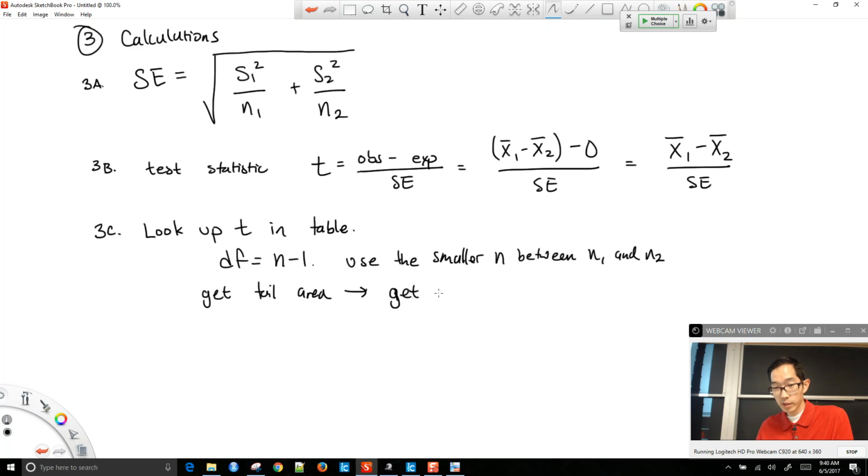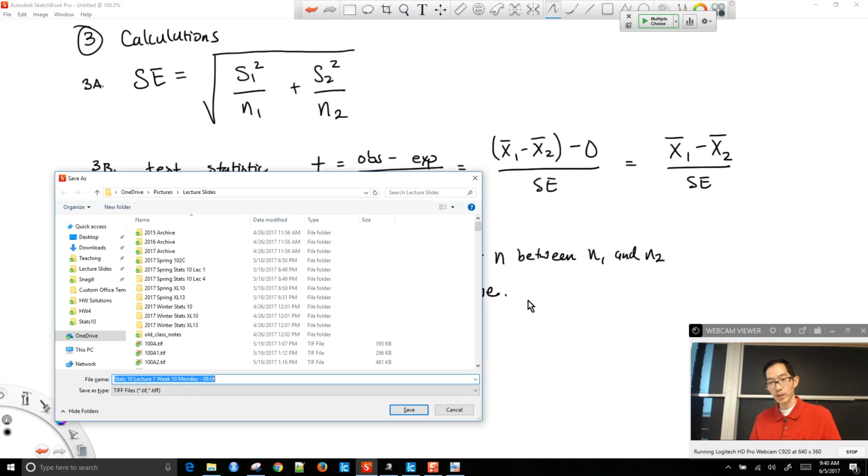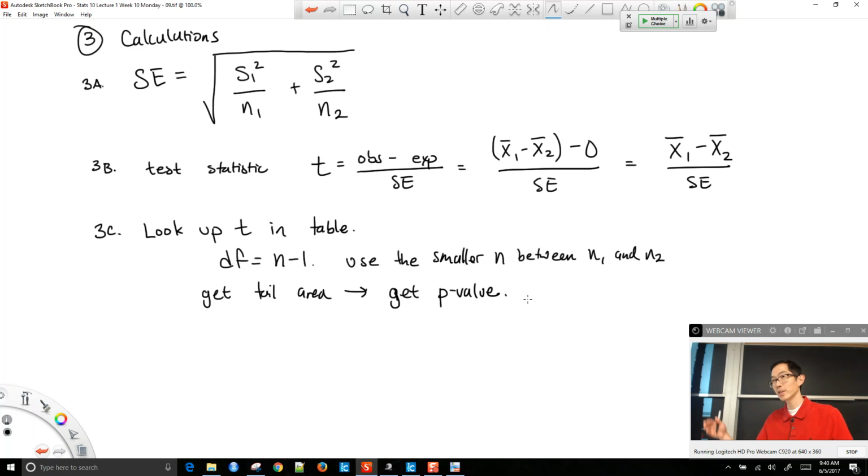Same rules as before. I don't think I need to rewrite all of those. If the alternative has a greater than sign, it's the right tail area. If the alternative has a less than sign, your p-value is the left tail area. If you have a not equal, it's 2 times the tail area.